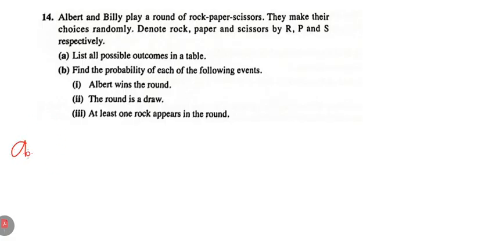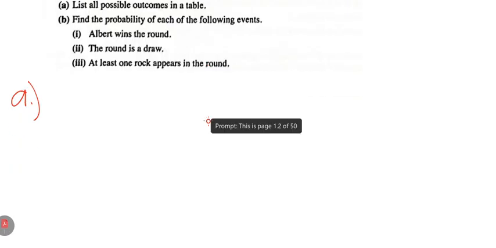Let's write it down here as A. To list a sample space systematically, we can create a grid where Albert's choices are represented by a column and Billy's choices are represented by the other.